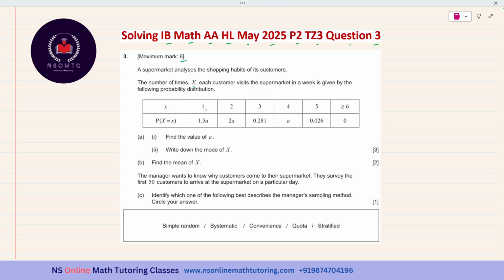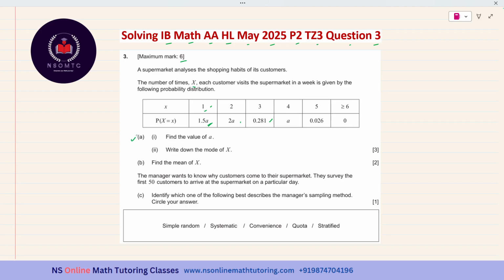When X is equal to 1, the customer is visiting the supermarket only once in a week. The probability is 1.5A. We do not know the value of A. Similarly, if the customer is visiting twice in a week, it is 2A. When the customer is visiting thrice in a week, the probability is 0.281, and so on.